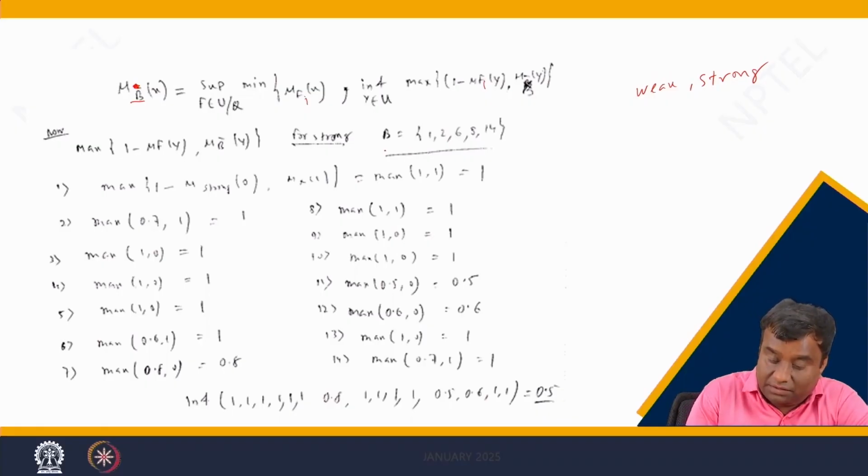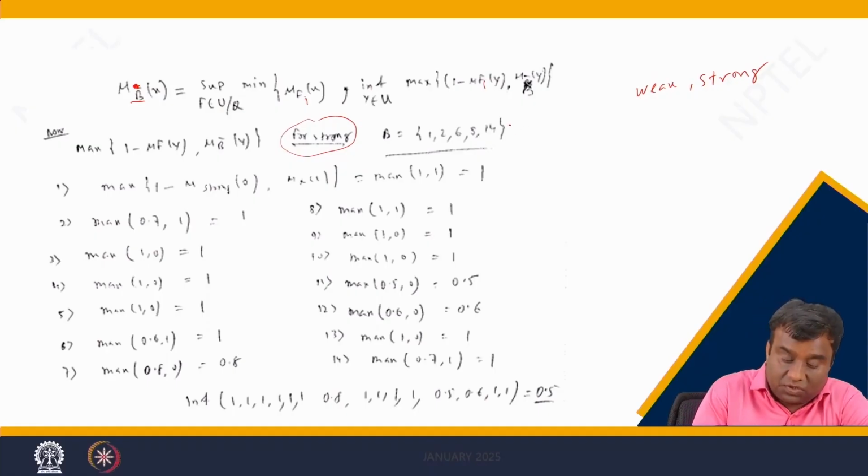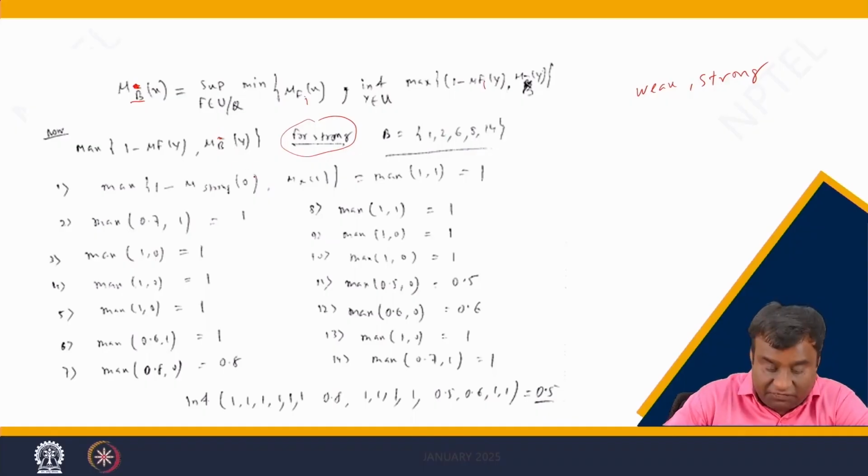Here we are calculating for the fuzzy set strong of the rain attribute, where the decision class represents no. So first we calculate the maximum of 1 minus mu B of y and mu F of y. Just check the table first.